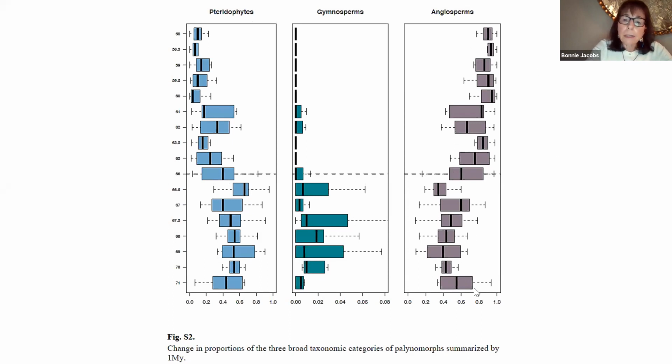And when you look at the right side and you look at angiosperms, you see that they were coming in at about 50%. When you get to the impact, you see that they come in at a higher percentage of the paleofloras, but it's not until about 60 million years ago where they get really dominant. If you look at the gymnosperms, they take a huge hit, and that happens in almost all places around the world.